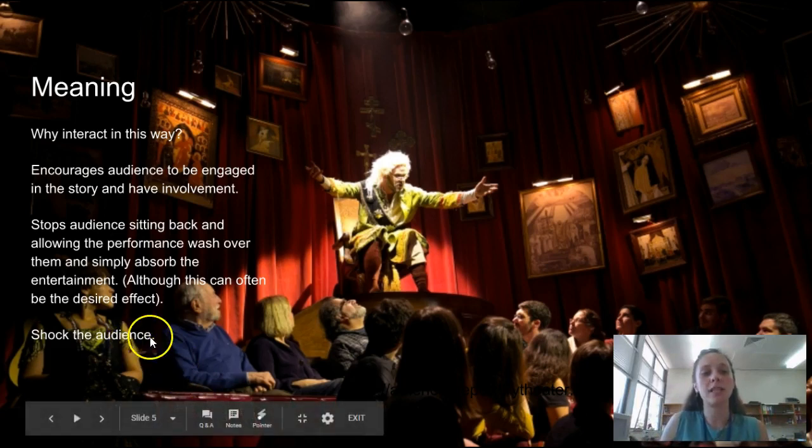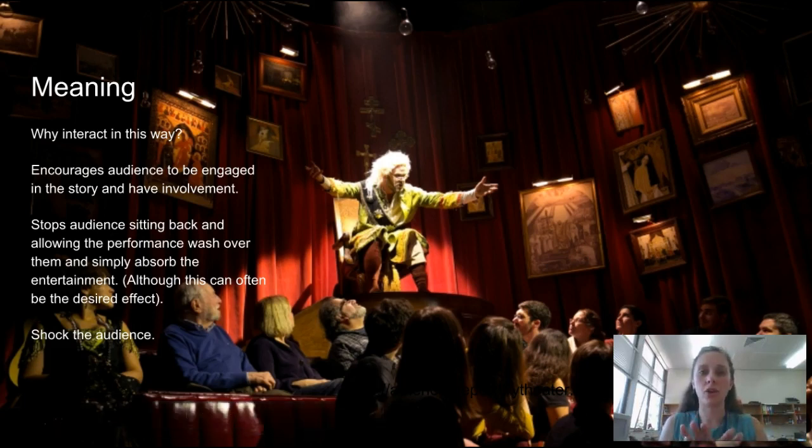It can also be to shock the audience, because when actors are getting really close and personal, it can really shock the audience. Some people love this and some people hate it. Some people really enjoy just going to the theatre and watching a play and going, oh, that was great, and then just leaving. Others really enjoy this more critical way to watch theatre.